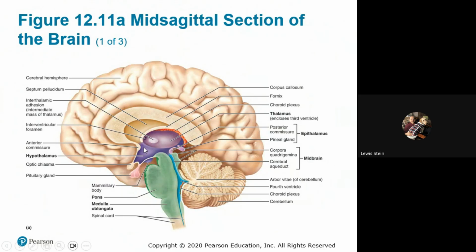You almost cannot see this on the sheep. It's so small. This is the hypothalamus. It's basically the link between your nervous system and your endocrine system, because the heart of your endocrine system is right there. That's the pituitary gland.